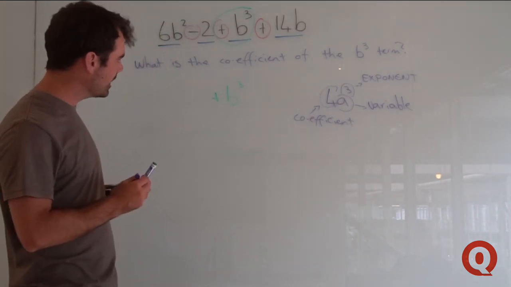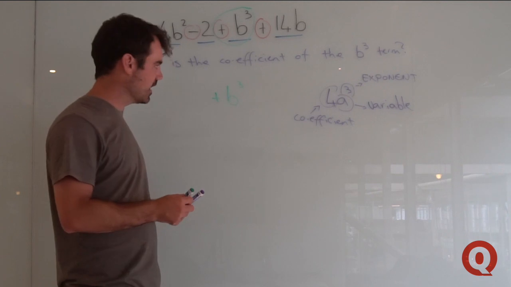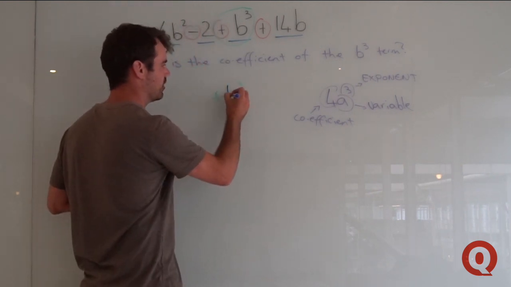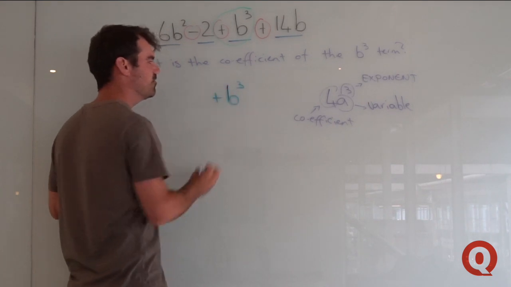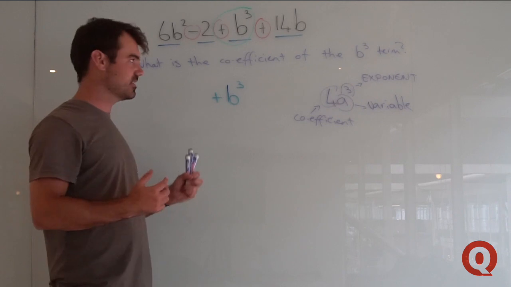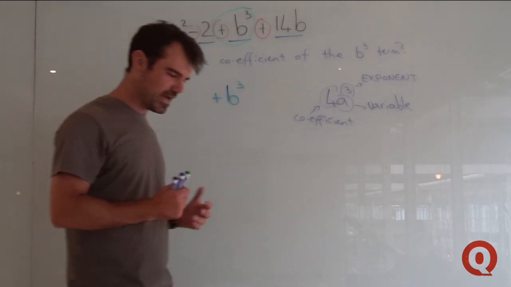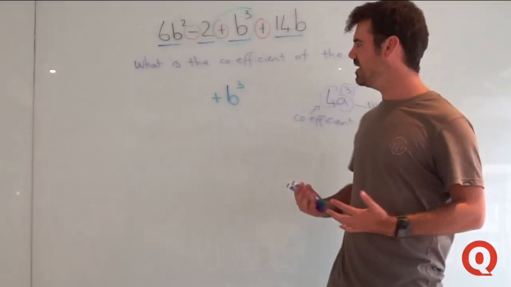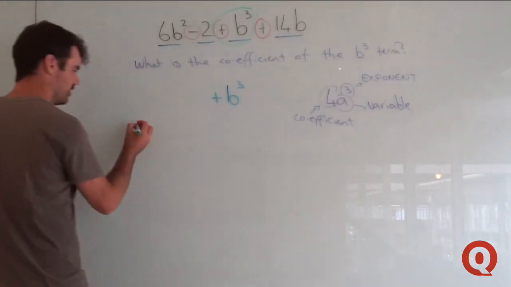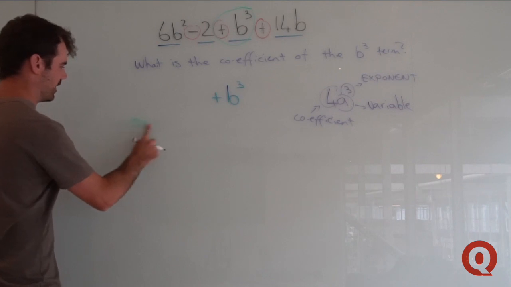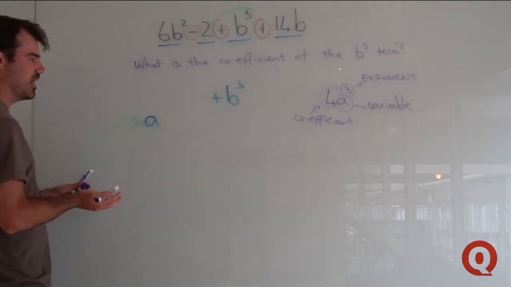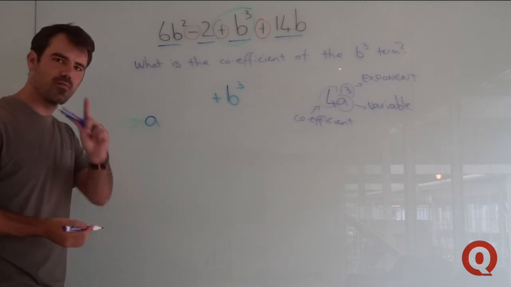Now, again, I think I'm going to use a different color for this b over here, just so you can see it nice and clearly. I've got a positive b cubed. Now, what you've already figured out with maths and with algebra is that if I have a variable, it simply means I have one of them. Alright? If I have a, how many a's do I have here? I have one a.